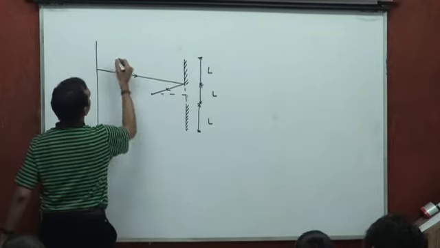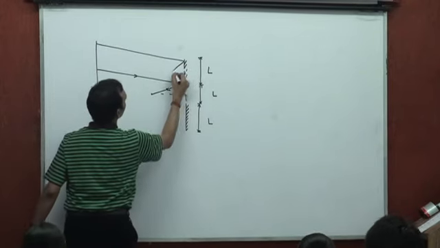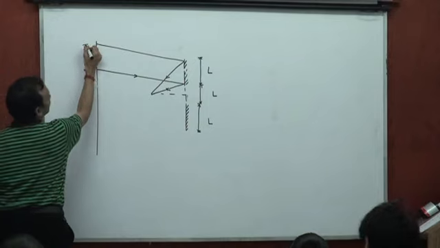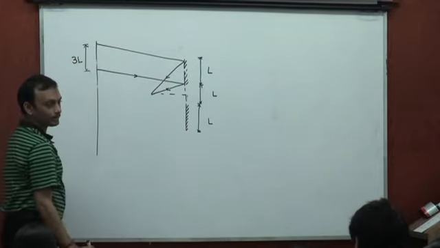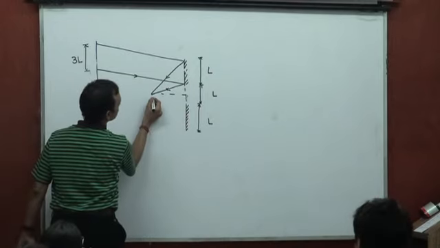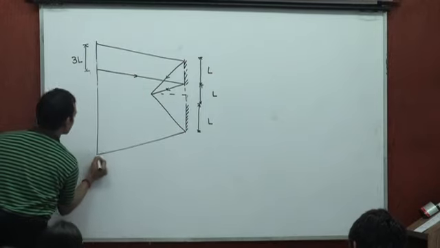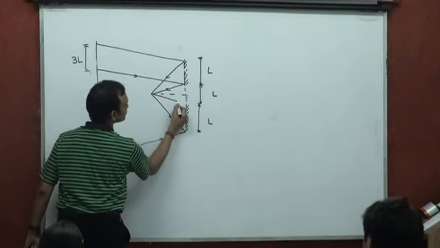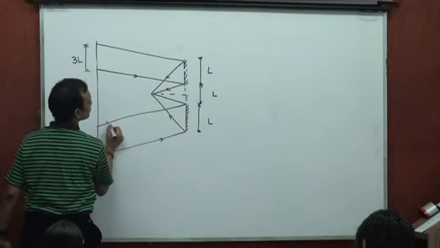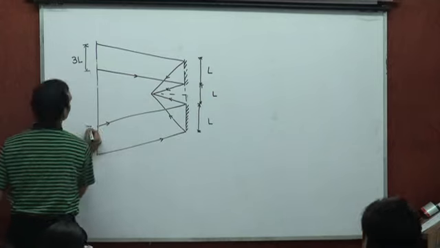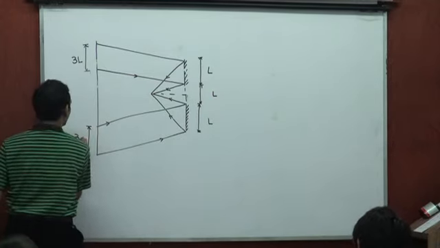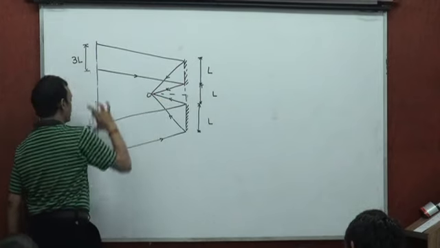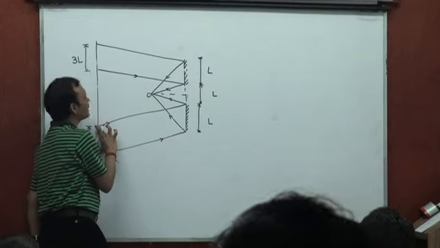Patch of light because of the first mirror is going to be 3L. Because of the second mirror, again it's going to be 3L. The patch he sees because of the second mirror is 3L.